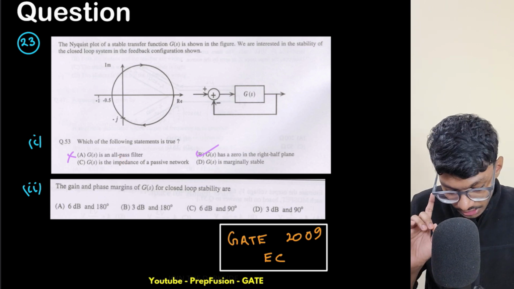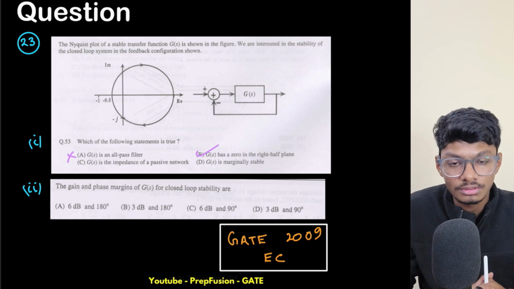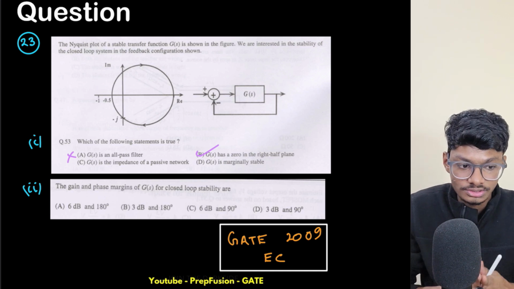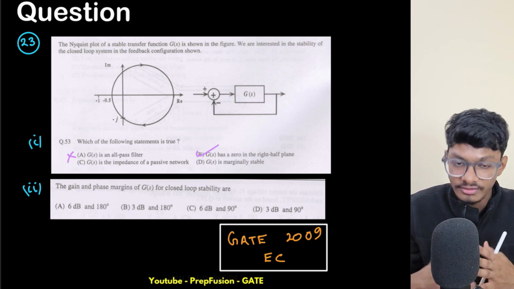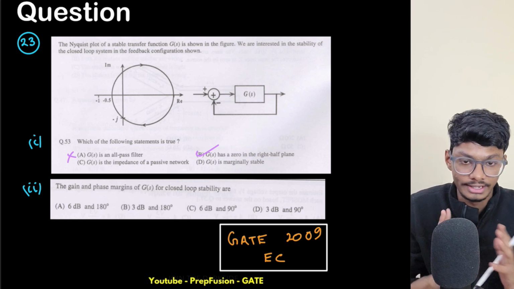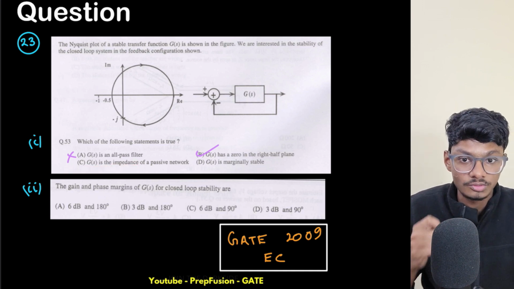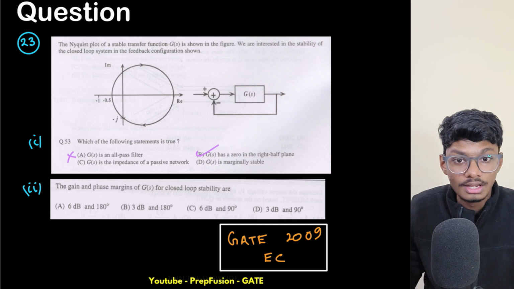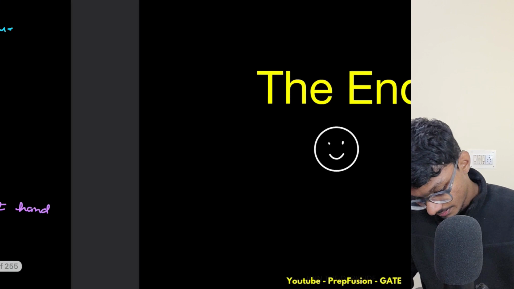So here it is telling us g of s is the impedance of a passive network. What do you mean by passive network? A passive network should have its poles and zeros on the left hand side of my s plane. In an active network, poles and zeros can lie on the right hand side of the s plane, but this can't be possible in a passive network. Right hand zero is not possible.